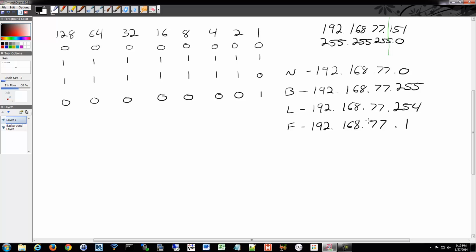It doesn't necessarily have to divide it perfectly at that last octet, but that's an example of how you determine your network address, your broadcast address, and your first and last usable host addresses. It's always based off of turning all of the bits that you have available for hosts all the way off, all the way on, and then going 1 up or down 1 from that, and that'll give you what is available to you.